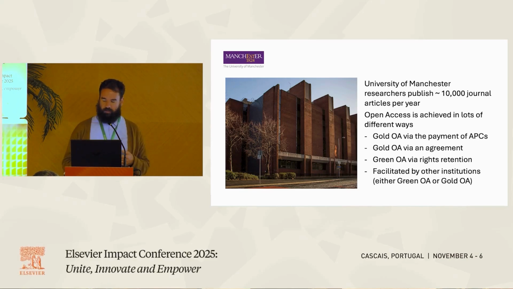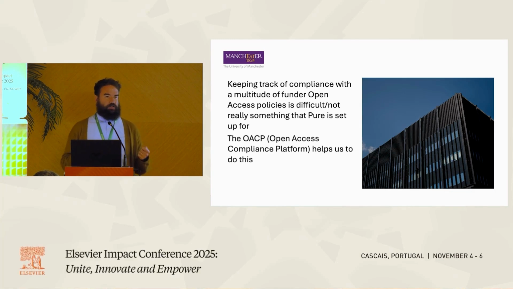There's lots of different routes to achieving open access for our papers. And our interest isn't just in compliance with funder policies, it's really about understanding how we're making open access happen at Manchester. But while I say it's not just about complying with funder policies, I'll talk briefly about those now. One of the things that we find quite complicated is tracking compliance with a multitude of funder open access policies.